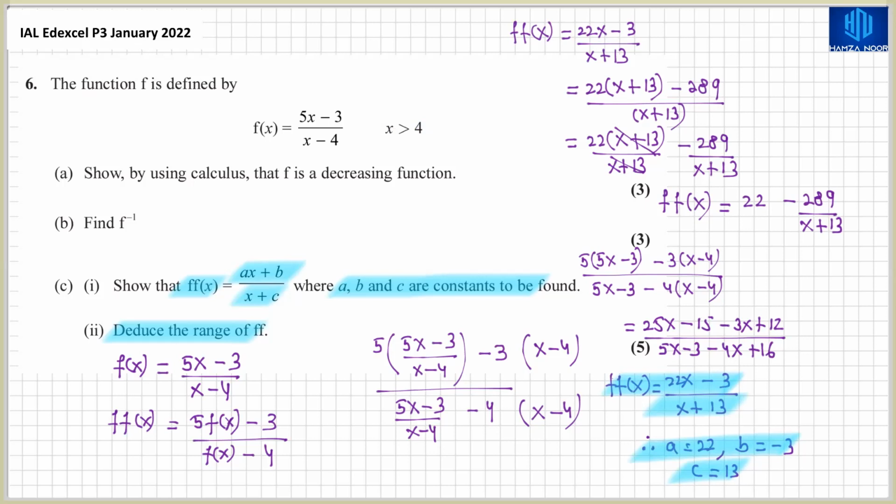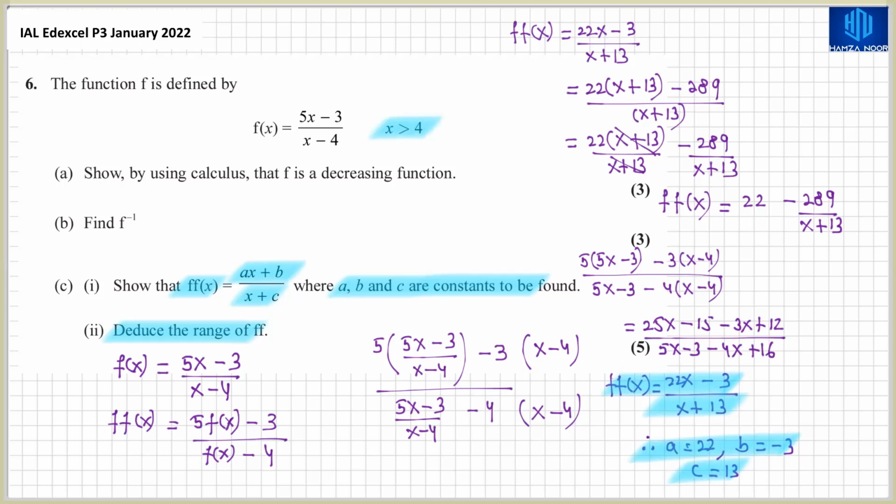As we know, the domain for the function f x is that x is greater than 4. It means that the function f x can take only inputs which are greater than 4. The composed function f of f x will carry the same restriction. The domain of the composed function is either the domain of the first function or lies inside it.